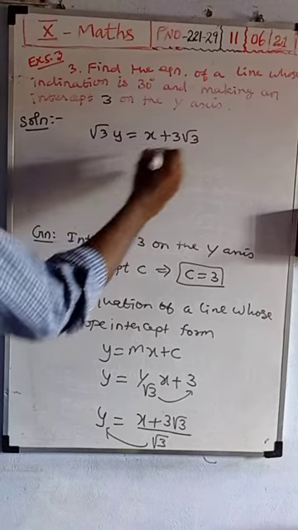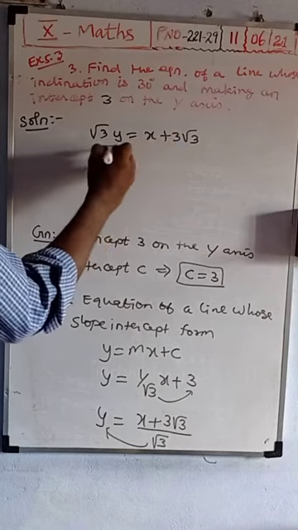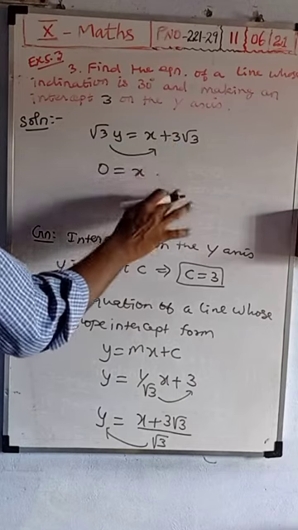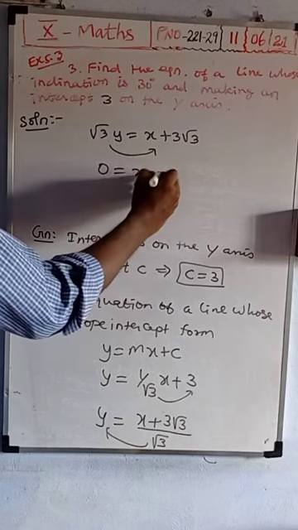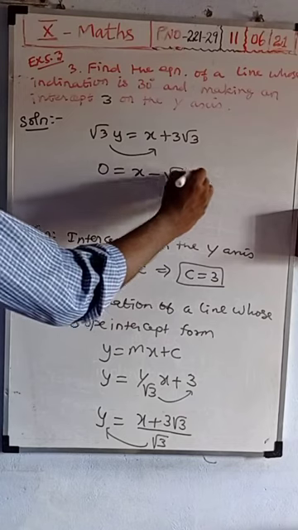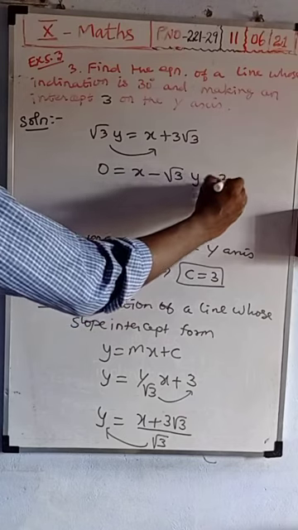So now we need the equation equal to 0, so that side goes: 0 is equal to x, and minus root 3y, plus the constant term 3 root 3.